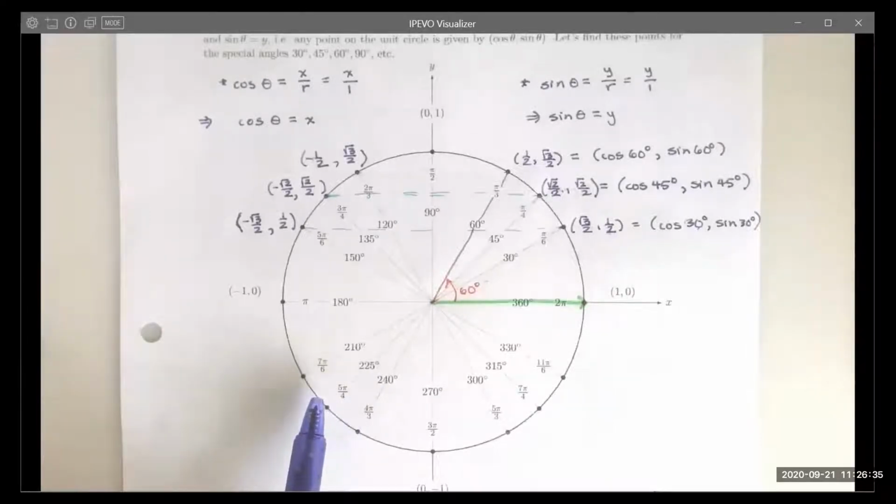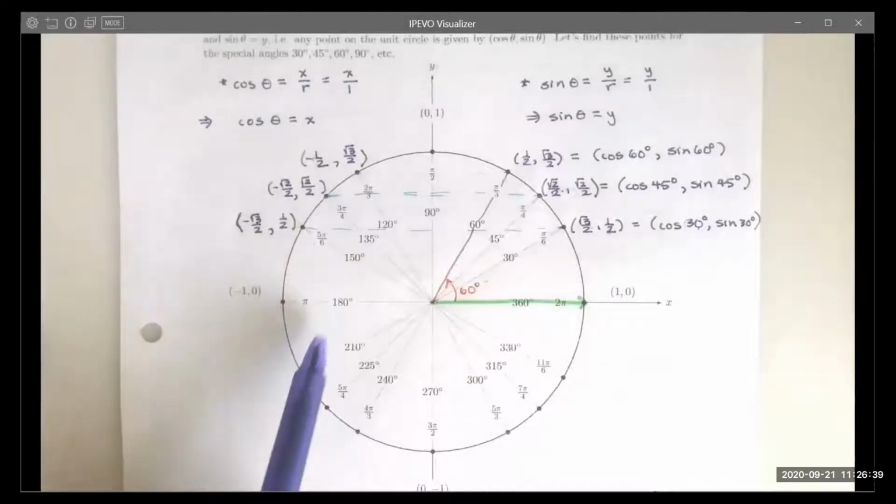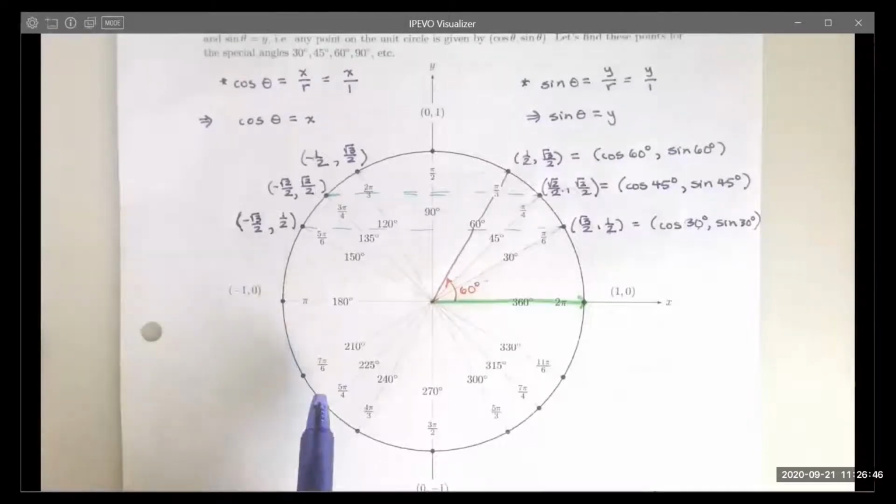I am, however, going to be showing you how to find it by reflecting the points. I know that in my morning section, we found these by drawing the 30, 60, 90 and 45, 45, 90 triangles, but I'm going to be discussing an alternative way, which is a little bit quicker for finding those coordinates.